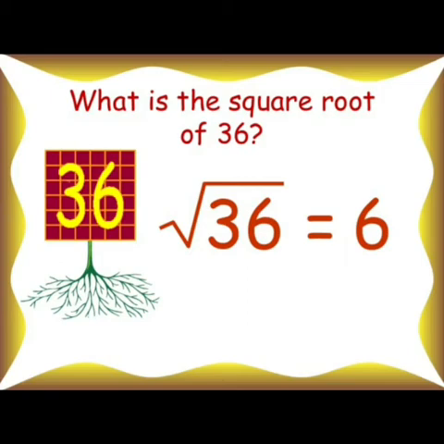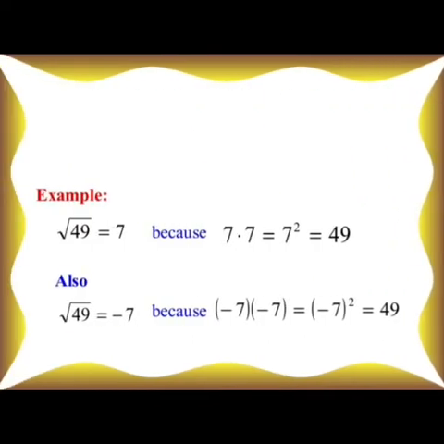So the square root of 36 is nothing but 6. You can do it for other square numbers also, like 25, 64, 81. Do it yourself and you can find it easily.